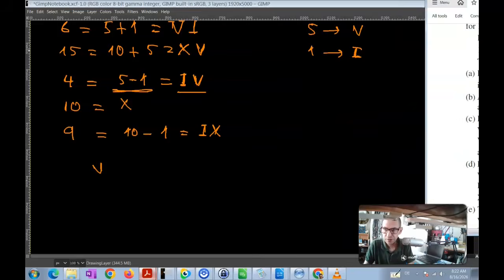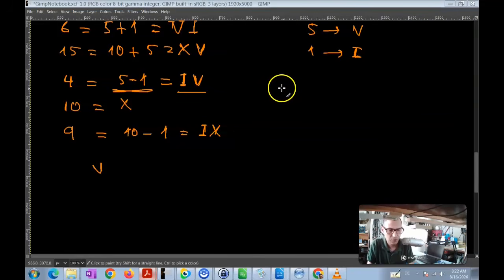What that means is that, for example, when you want to write a 4, you would write it as 5 minus 1, and you know that a 5 is a V.